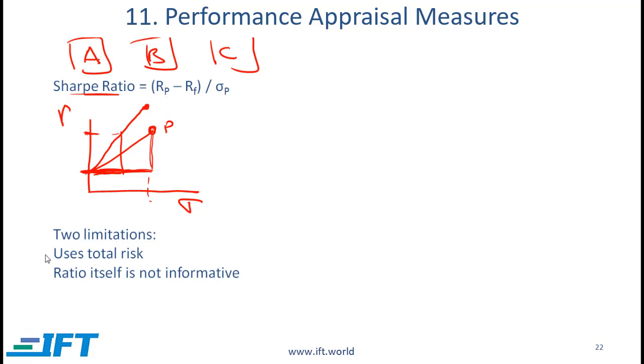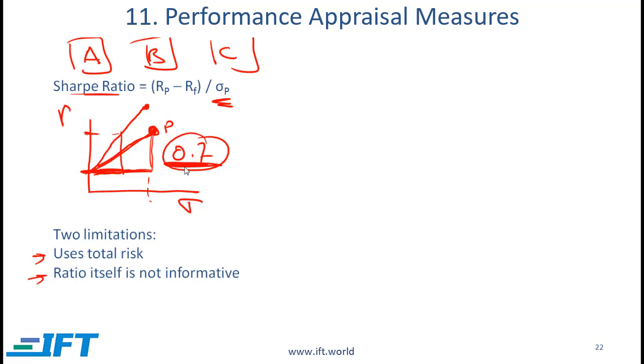But it has 2 limitations. One is that it uses total risk rather than systematic risk or beta. The other is that this is a ratio which is not informative in and of itself. In other words, if you have a given portfolio and the ratio is 0.7, just by looking at this number, you don't know whether it is a good number or a bad number.